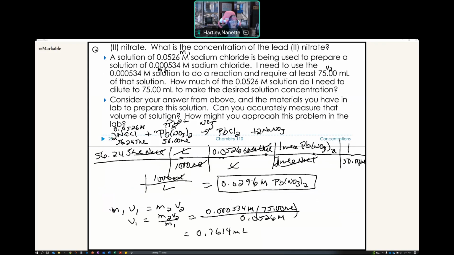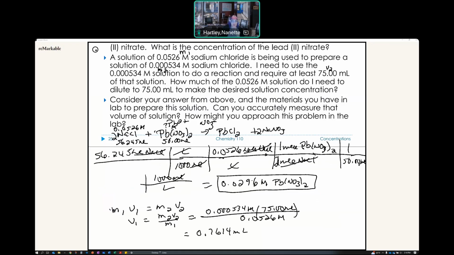And of course, you can think about this, talk about this, do whatever you want. But there are a couple of ways that you can deal with this. So you could do an intermediate dilution. So you could dilute that solution to something else and then dilute it again to get to the point where it's this concentration. It's a process called serial dilutions, so that we can then get to the concentration that we need.